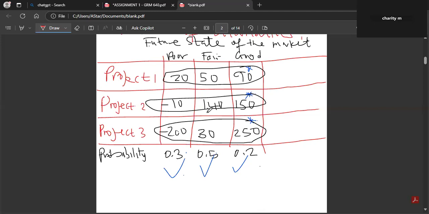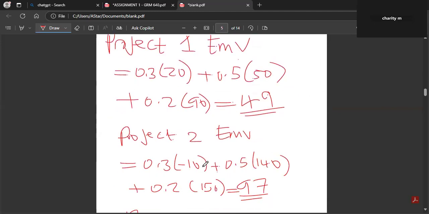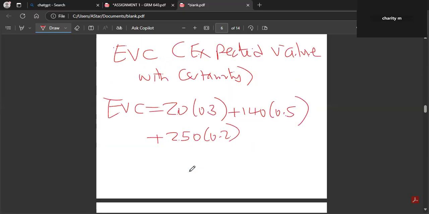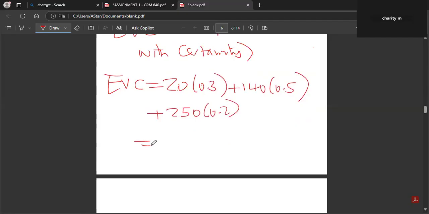So it will be 20 by 0.3 plus 140 by 0.5 plus 250 by 0.2. This one gives us 126.